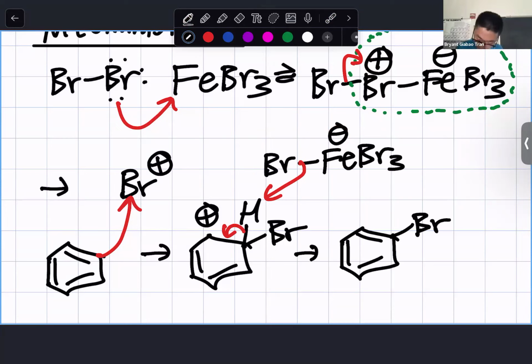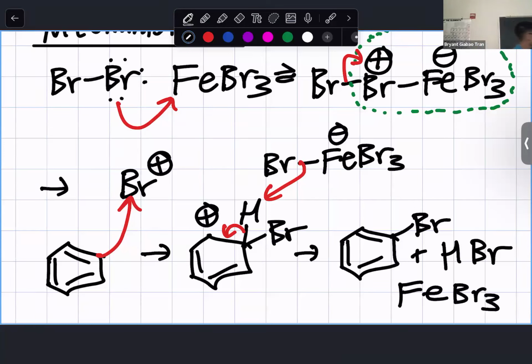Our side products would be HBr, coming from the Br attacking the H, and also our metal catalyst. This is a catalyst because it gets reformed. We get our FeBr3 back. But the important thing here is this organic product here.